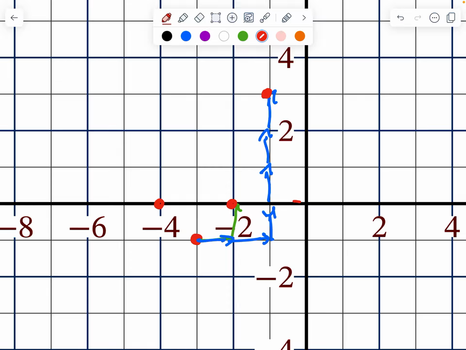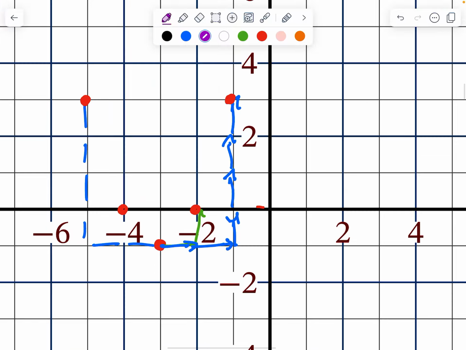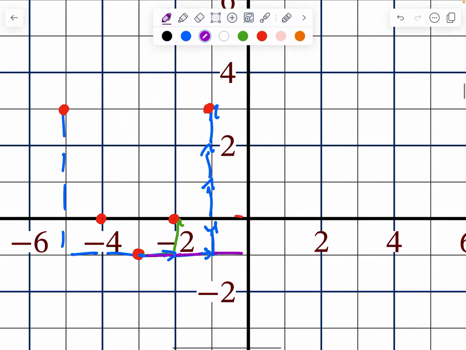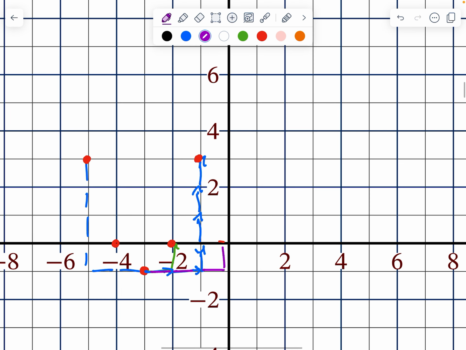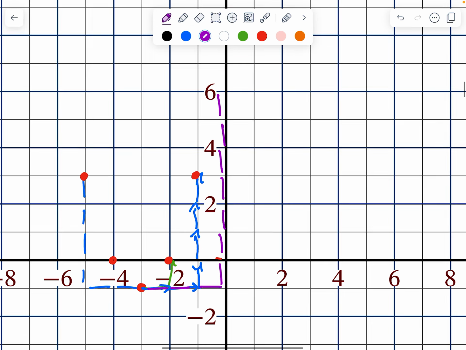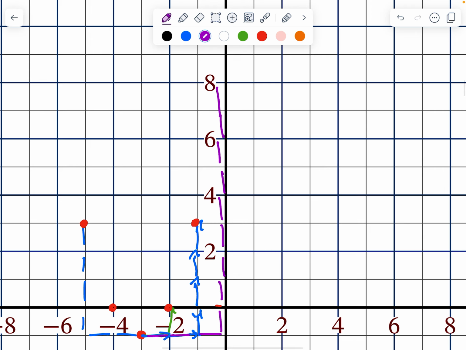And over 2, up 4. 1, 2, 3, 4. And then over 3, 1, 2, 3, and up 9. 1, 2, 3, 4, 5, 6, 7, 8, 9.